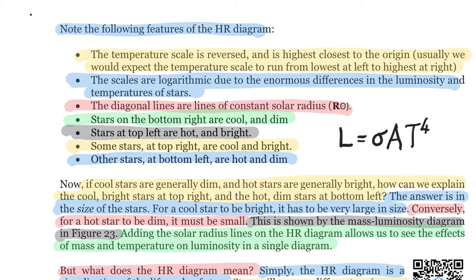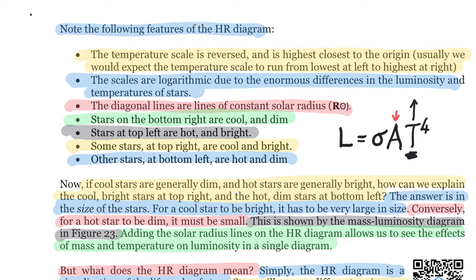So the temperature plays a major role. If you have a very hot star, then this value is going to be very big, which means that the area is going to have to be very small.